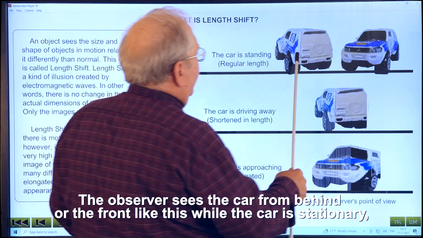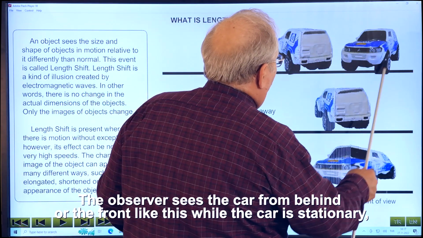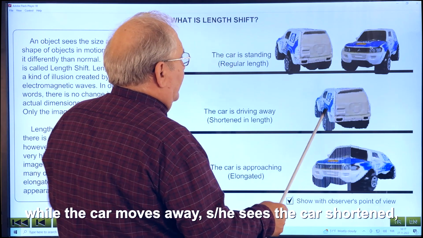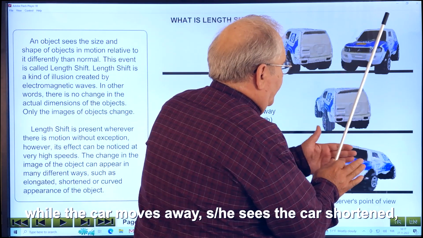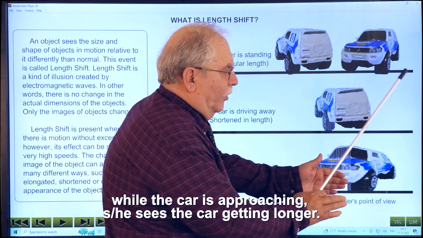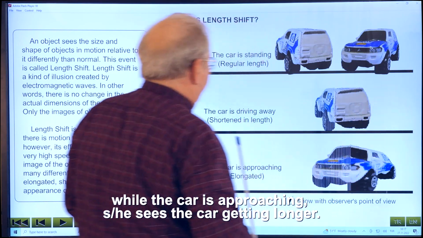The observer sees the car from behind, or the front like this, while the car is stationary. While the car moves away, she or he sees the car shortened. While the car is approaching, she or he sees the car getting longer.